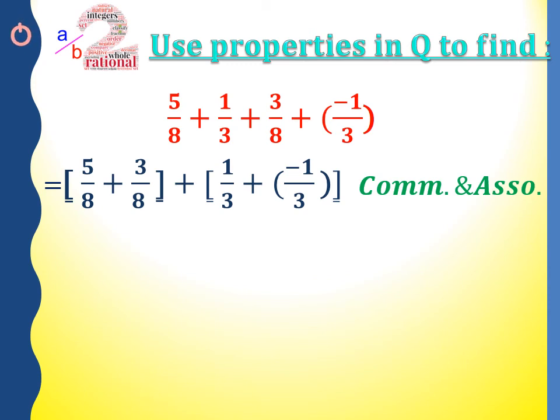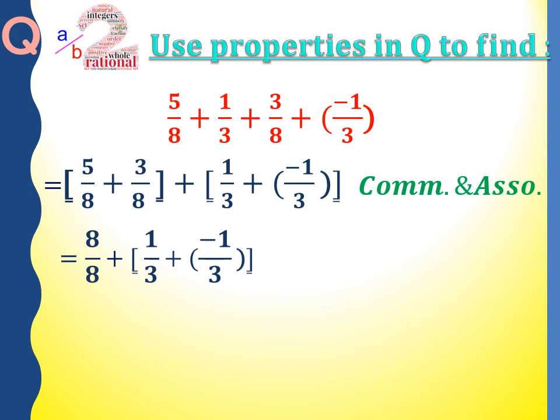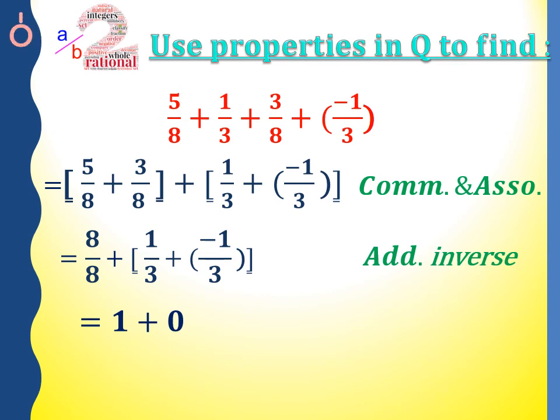If I add these two rational numbers it gives me 8 over 8, and this part I will write the name of its property. This part is called the additive inverse property. I will write after that 8 over 8 equals 1, and any rational number plus its additive inverse gives me 0.